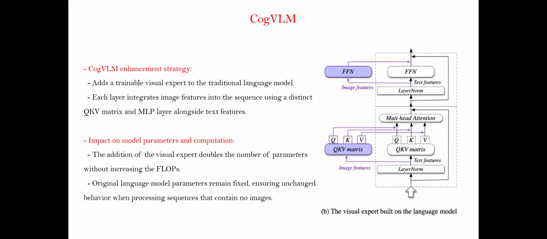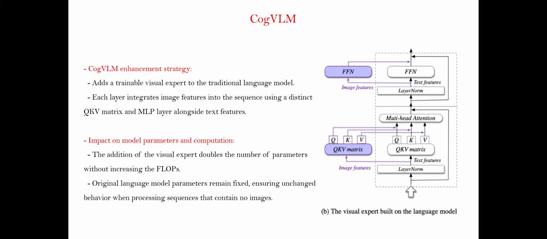Due to the visual expert module, the number of parameters doubles, but the interesting fact is that the FLOPs remain the same. That's what they claim. Since all the parameters in the original language model are fixed, we are not changing the QKV, the layer norm, or any of the pre-trained weights associated with the LLM.